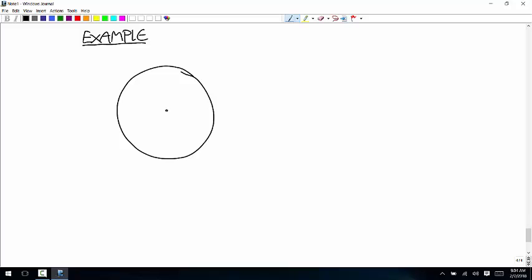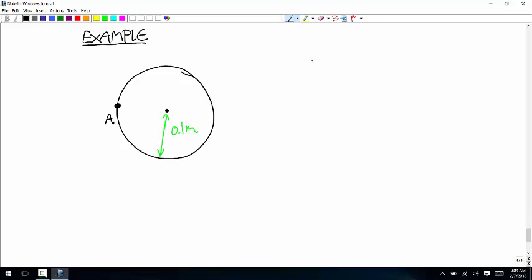So let's say that this circular path has a radius of 0.1 meters. And we're interested in what's happening at this point here.